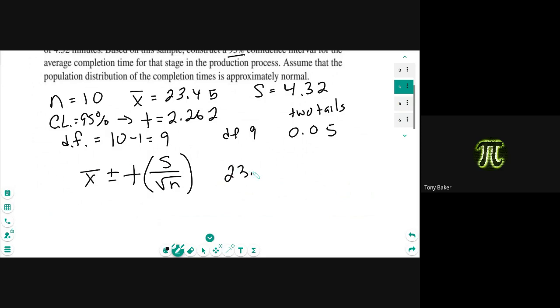So I have 23.45 plus or minus 2.262 times 4.32 over the square root of 10.